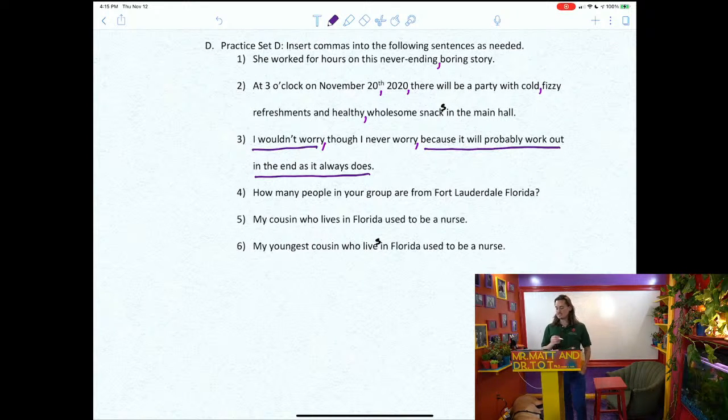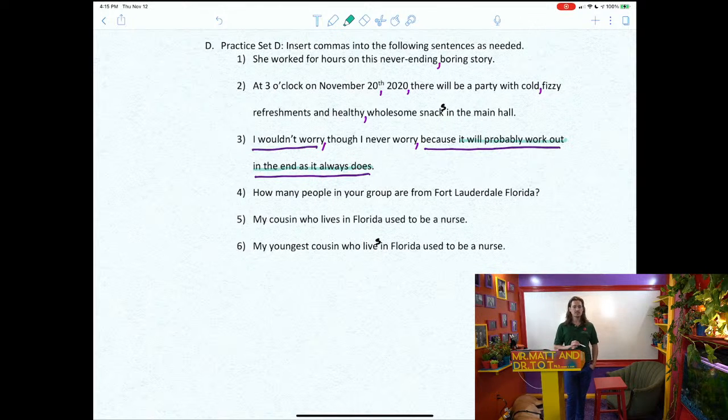Remember that when we have a dependent, independent clause construction, we need a comma between the dependent and independent clause. Oftentimes, however, when we have an independent and then dependent clause construction, the comma is unnecessary. And you can see that here. It will probably work out in the end as it always does.